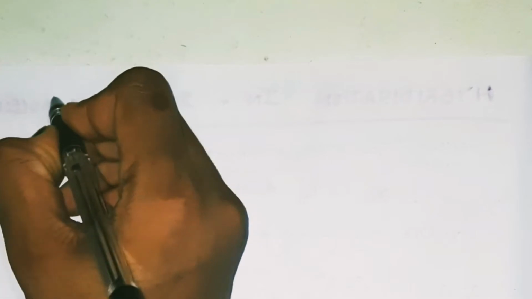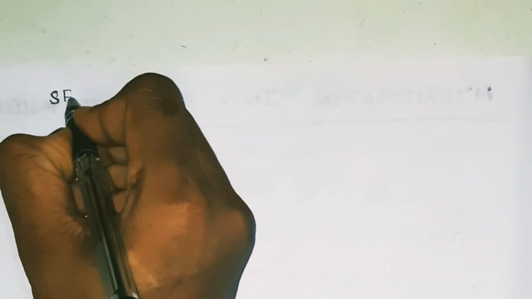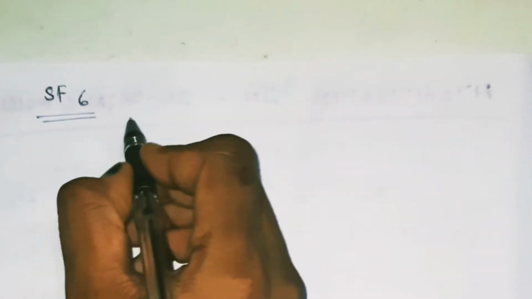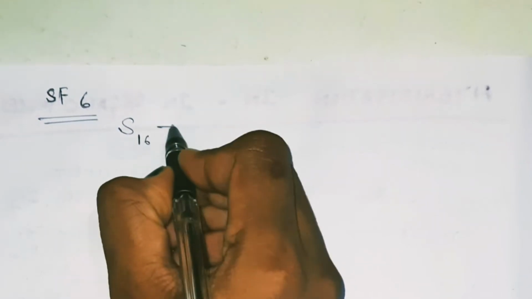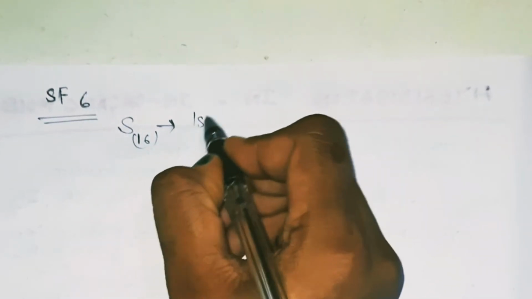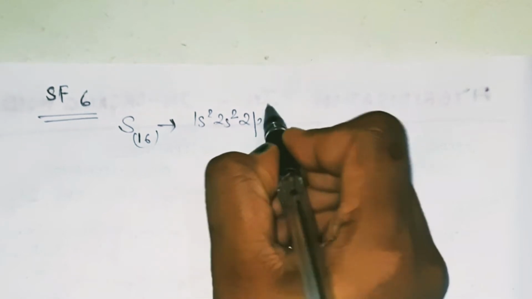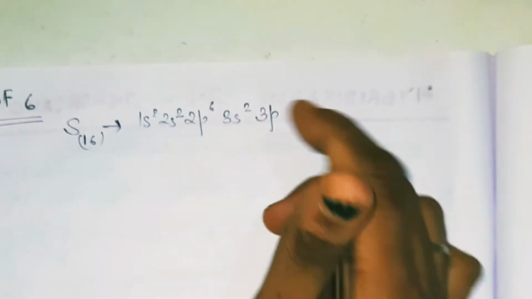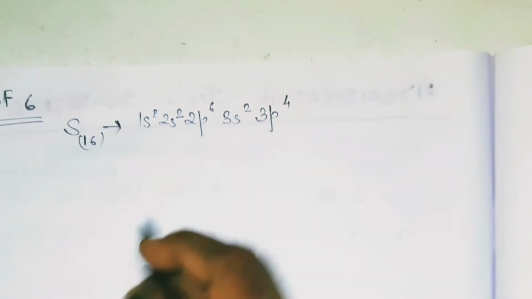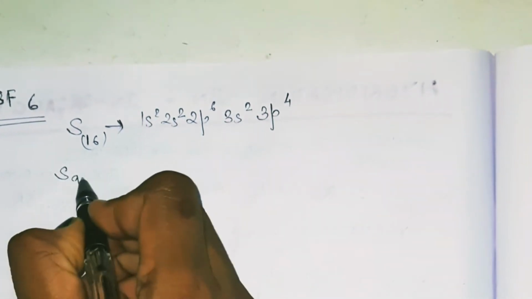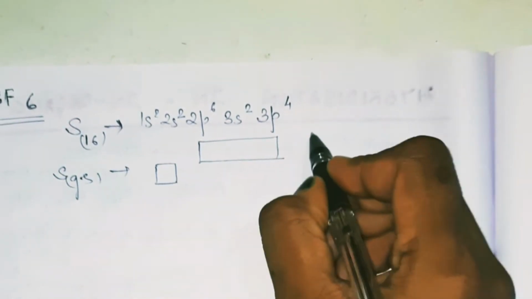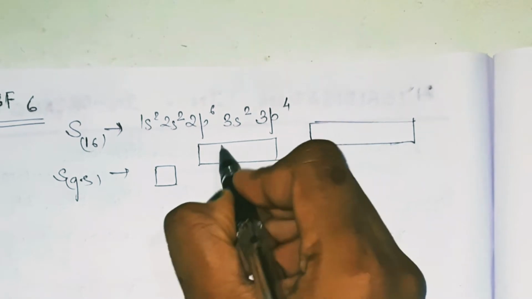Now the molecule is SF6. Now we will see this is sulfur, SF6. Sulfur, you know, has atomic number 16. So it is 1s2, 2s2, 2p6, 3s2, 3p4. Now for sulfur in the ground state, if we draw the orbital representation, it is like this.